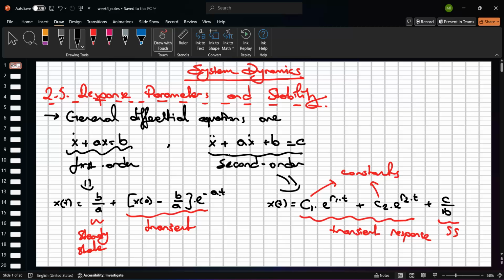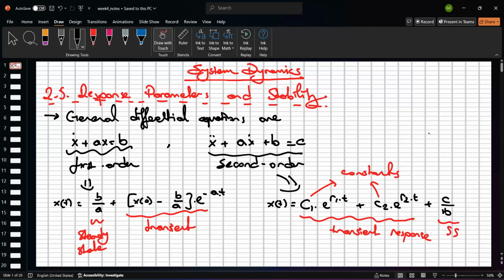Which are x0 and the derivative x dot 0, right? And so, it's a direct representation of the time behavior, the time response. And so, this r1 and r2 are derived from the Laplace notation or the solution of this integral.